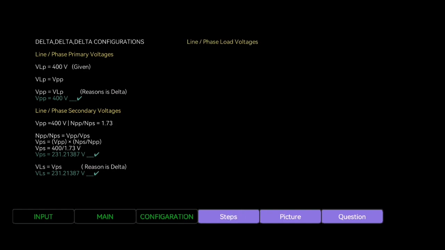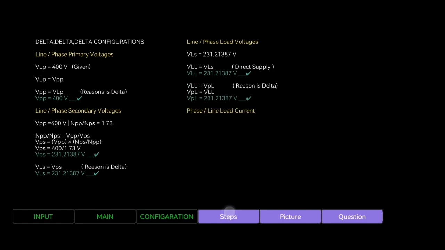Then you're going to calculate the line and the phase load voltage. Then you're going to calculate the current, the line current and the phase current.